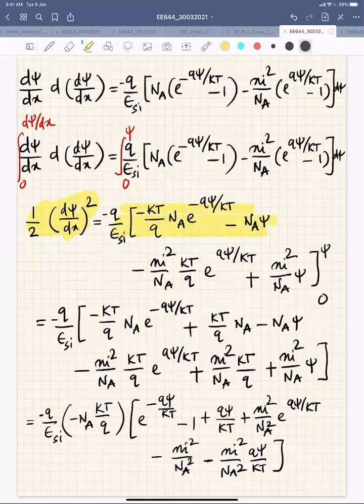This is not very hard for you. The limits are basically between 0 and psi. If I put these conditions here, finally you will get this equation.